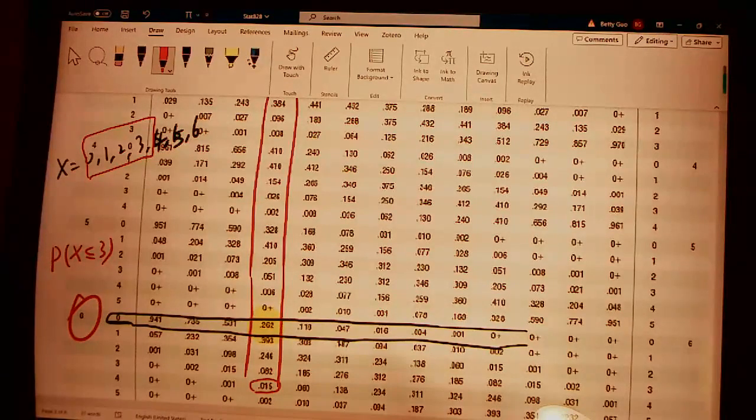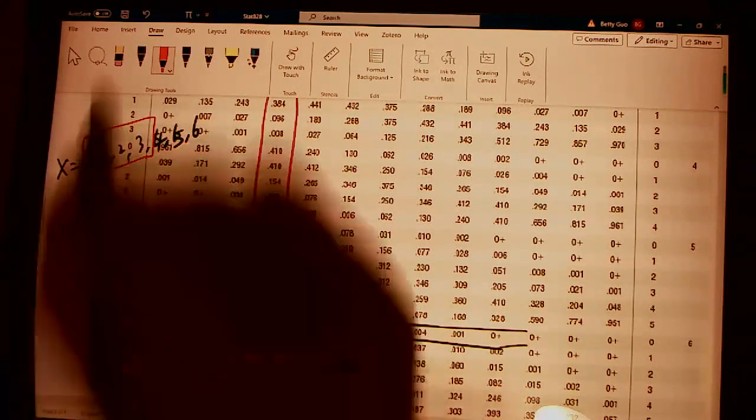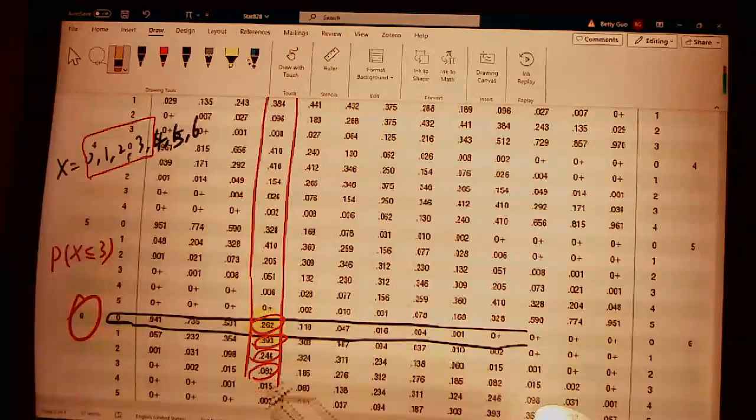You just need to find the probability of x equals 0, x equals 1, x equals 2, and x equals 3, and then add them all up. Am I clear about that?